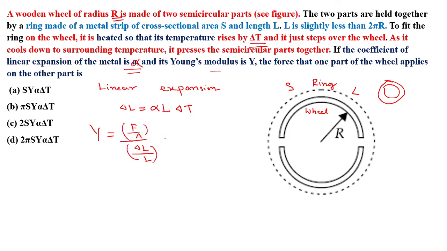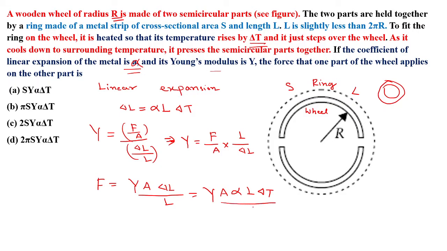So y is F by A into L by delta L, which means F is y A into delta L by L. The value of delta L is alpha L into delta T, so we write alpha L delta T by L. Here L and L cancel, so the force will be y A alpha delta T.